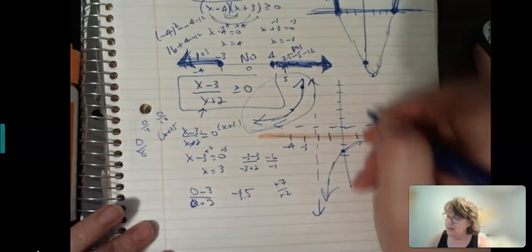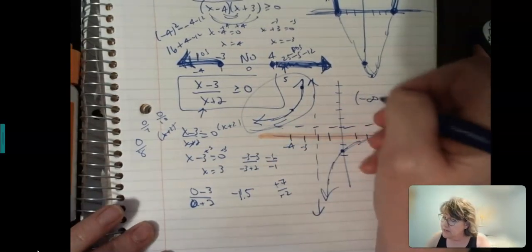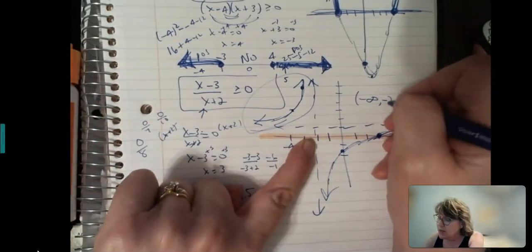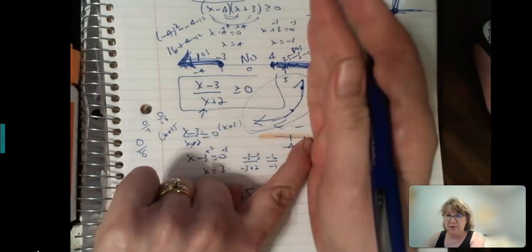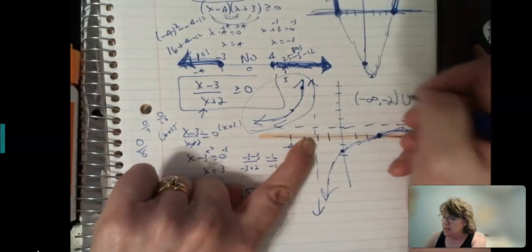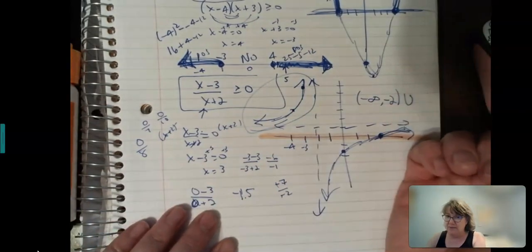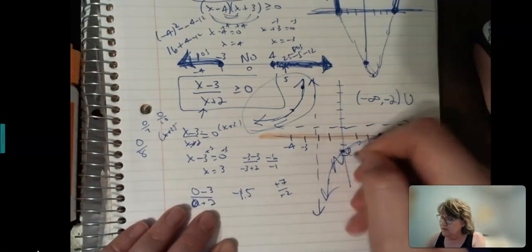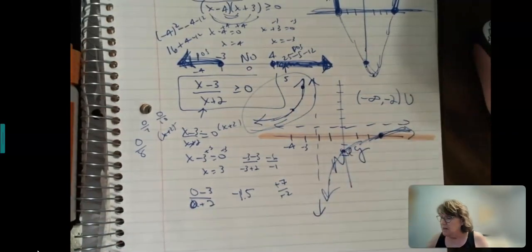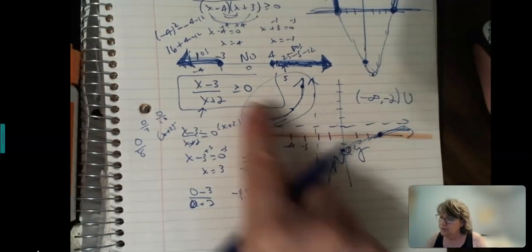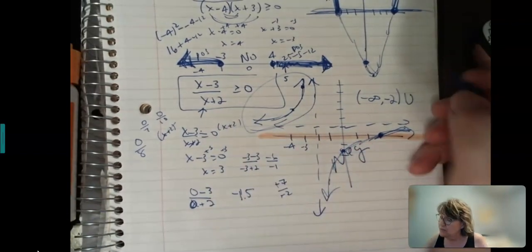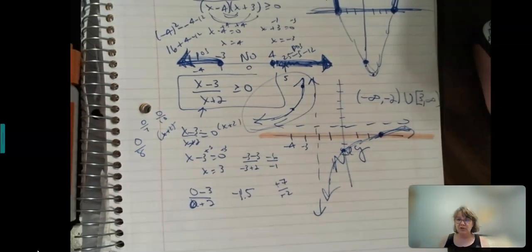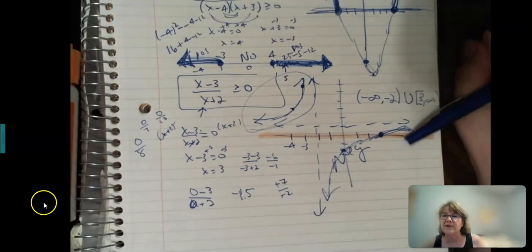So what is that? That is negative infinity for x's, and this asymptote was at a negative 2. And it can't land on that asymptote. That's like a brick wall, okay? And then on the other side of that asymptote, this stuff is all negative, right? Like these values down here are negative. Now here we get 0, which we're saying is okay. So 1, 2, 3. So that would be a bracket at 3 going off to infinity. All right, so that's how I would do it with a two-dimensional graph.